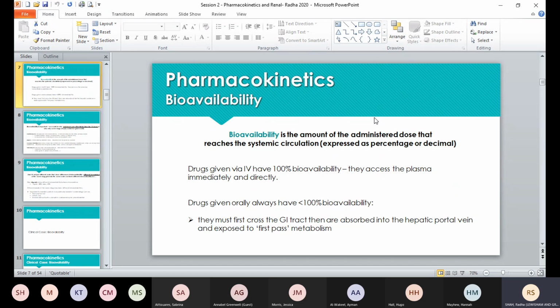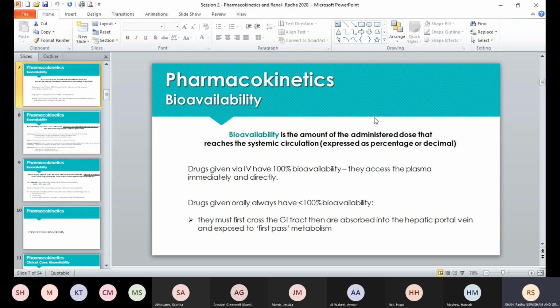Whereas if you give a drug orally, then it's more than likely to have less than 100% bioavailability. It will never get up to 100%. It could probably get quite close, but it will never be 100%, and that's because the drug has to pass certain membranes. So if it's given orally, then it has to pass the GI tract.